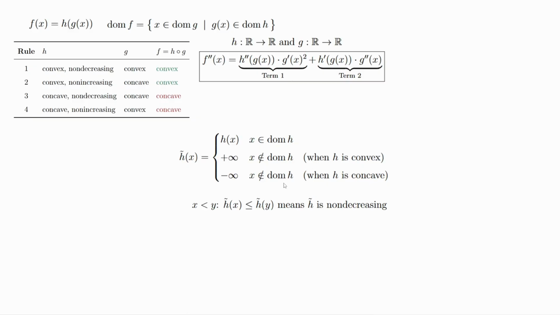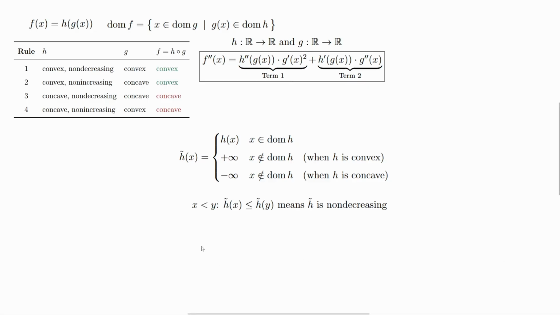Let's think about the subtle implication of that. Let's pretend that the domain of h is only defined starting at some point a. So the domain of h goes from point a all the way to infinity. It starts from some point a on the number line and extends all the way to the right.